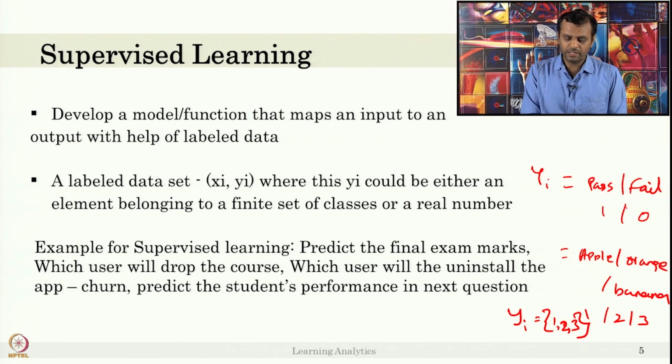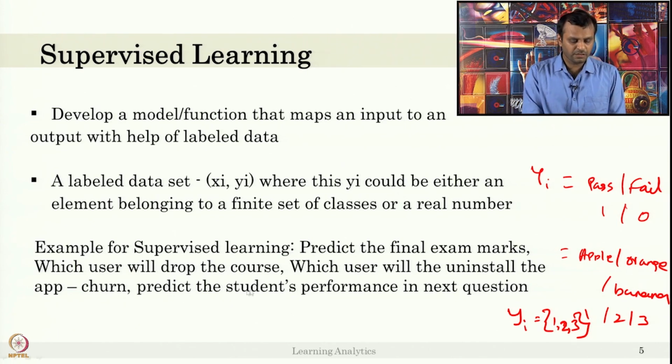Or which user will uninstall the app, that is churn rate. Suppose you are creating an education mobile app and we want to know which user will uninstall that app and when. Can we predict it based on their interaction with the app? Then you are predicting whether uninstall or install, churn rate, which can again be a 0 or 1 binary classification problem.